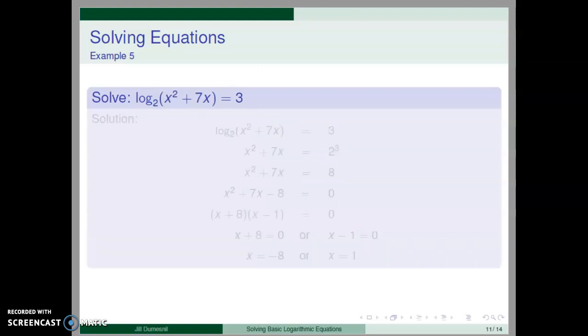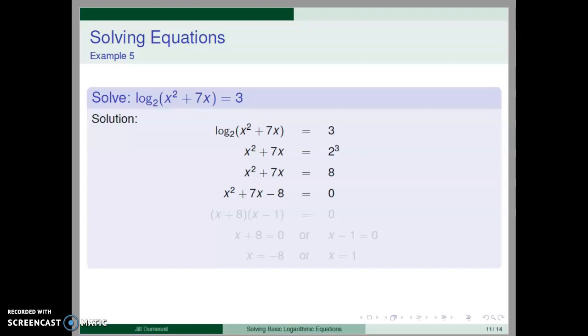Ramping it up a notch, let's solve the equation log base 2 of x squared plus 7x equals 3. This equation is similar to the previous two, so we might try the same technique. That is, convert to the equivalent exponential equation, replace 2 cubed by 8, and now we have a quadratic equation to solve. We could subtract 8 from both sides to put our quadratic equation in standard form.